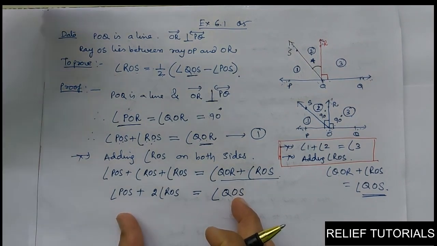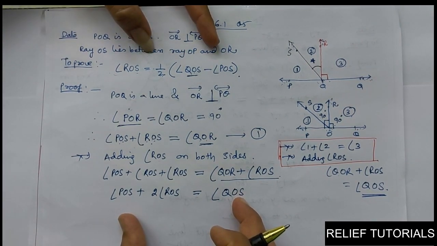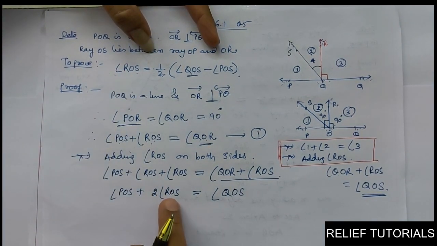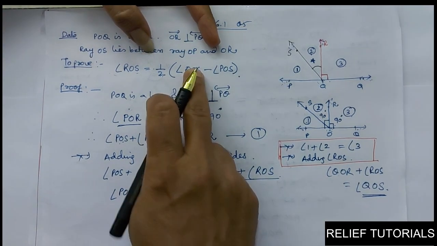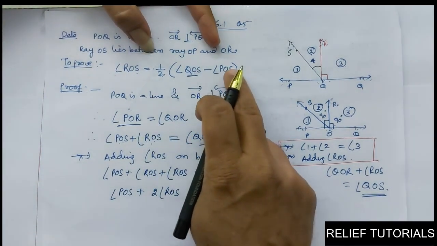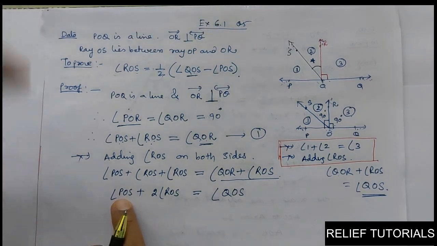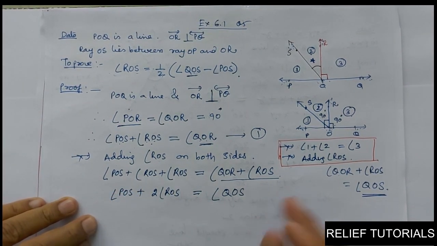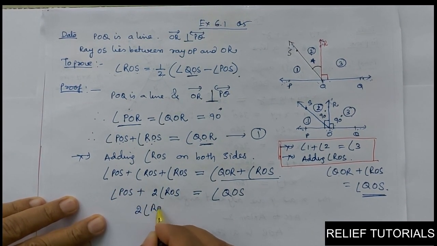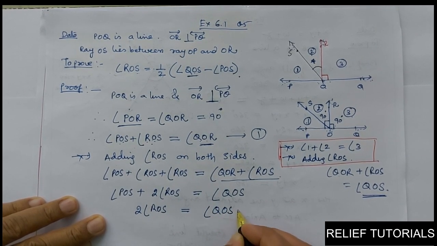Now look at this to compare it with our proof. There is ROS, we have ROS. There is QOS, we have QOS. There is POS, we have POS. Now we'll send this POS to the other side. So what we'll get? 2 angle ROS is equal to angle QOS minus angle POS.